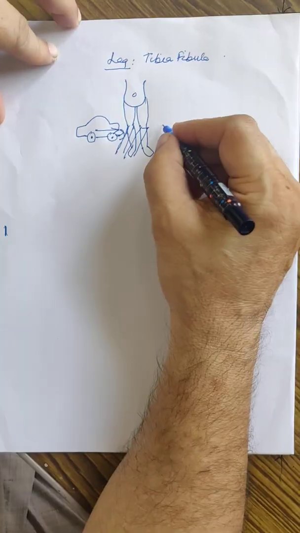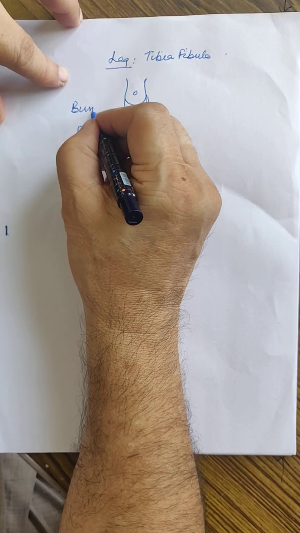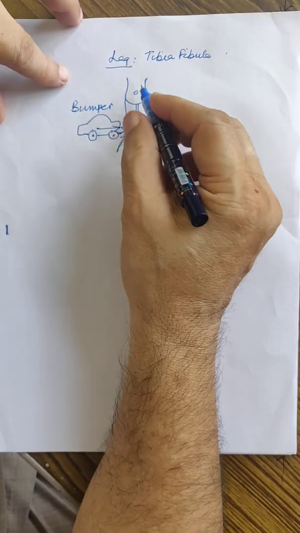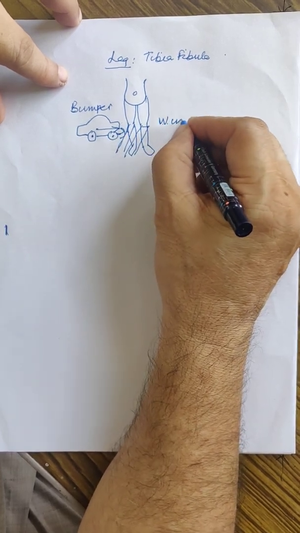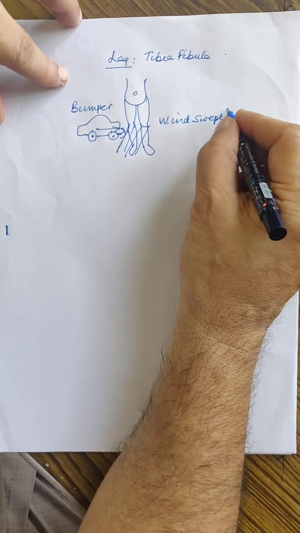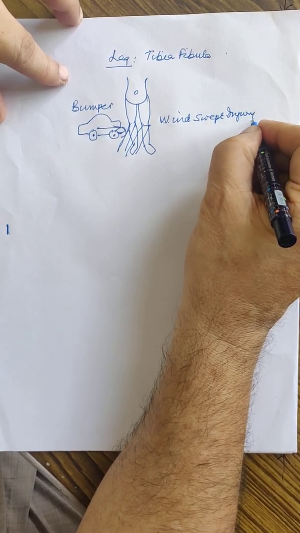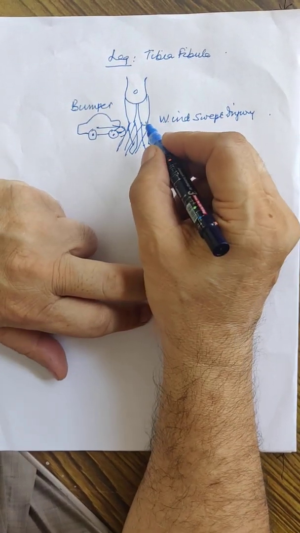So this is called the bumper injury, sustained by people who are crossing the road and are hit by a car. It is called windswept injury. So this is the mechanism of injury of fractures of both bones of the leg.